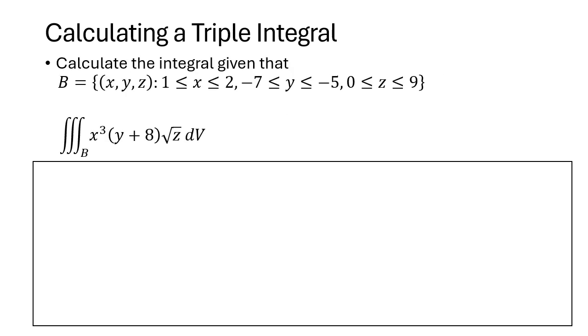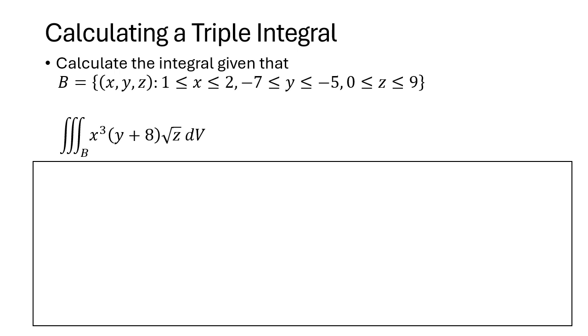As an example of a triple integral, consider the triple integral with respect to b, which represents, in this case, b stands for box, although you could call it whatever you want, of the function x cubed times (y plus 8 square root z) dV. By the way, please note that dV in this case is referencing the volume of a small box that we are then multiplying by whatever value the function has.